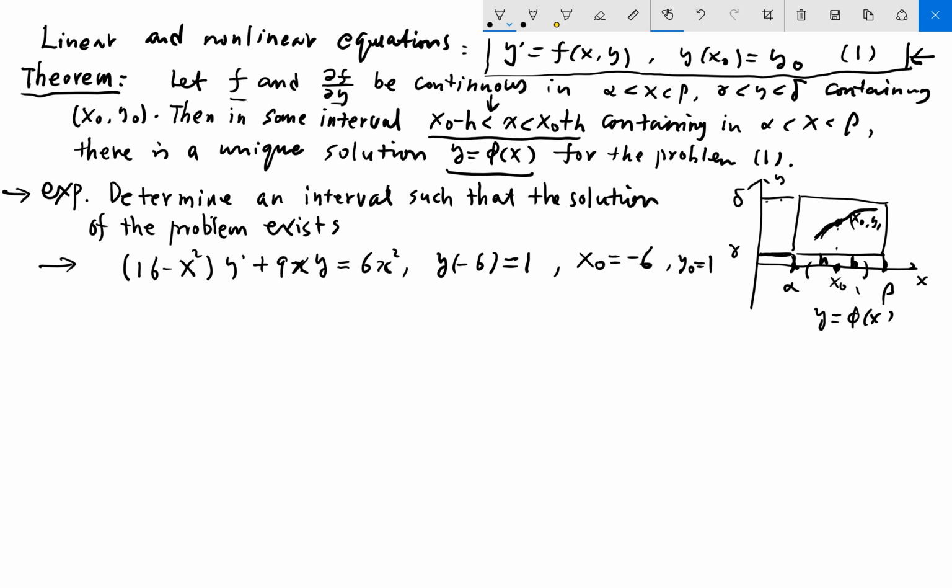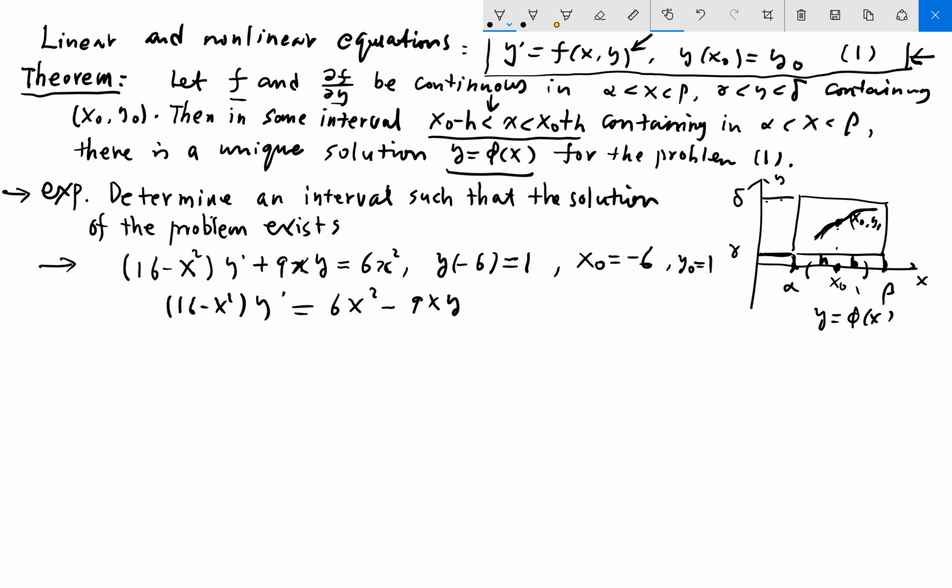So we need to write this in a form like this. First of all, let's simplify this. You get (16 minus x squared) y prime, and subtract 9xy on both sides.